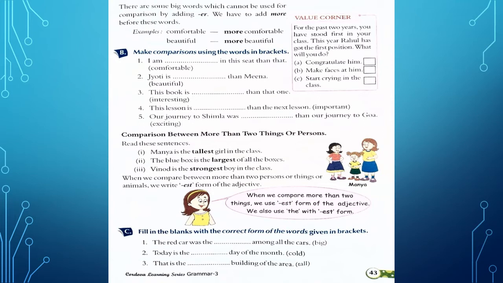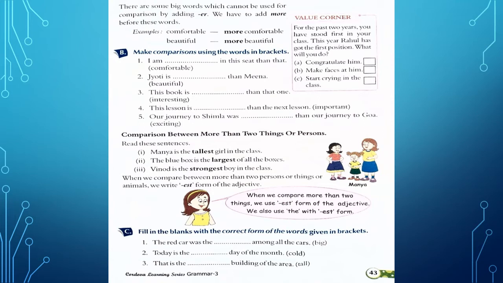In second, Jyoti is dash than Meena. Here again we will put more before the word beautiful. So the sentence will be, Jyoti is more beautiful than Meena. Likewise, you have to add the word more before the bracket words and do this exercise.